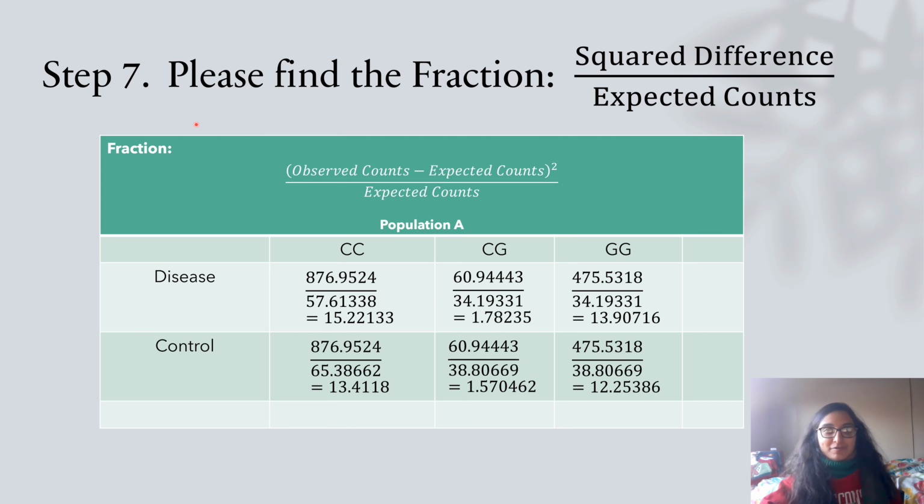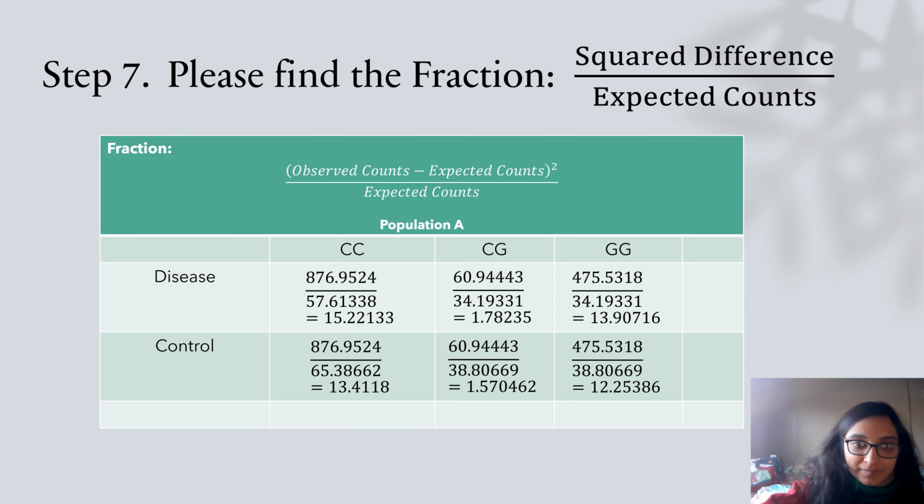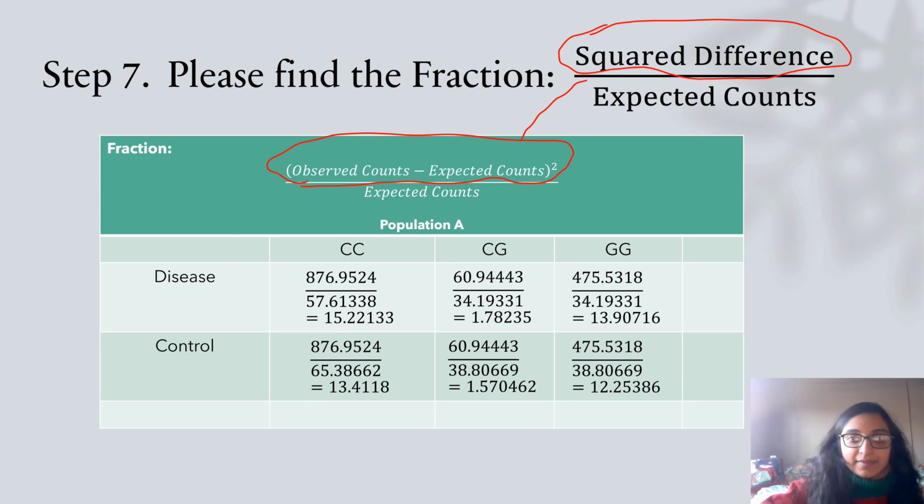After we find the squared differences, which is what this numerator is, observed minus expected counts squared, we divide everything by the expected counts. That's a new thing that we're doing.